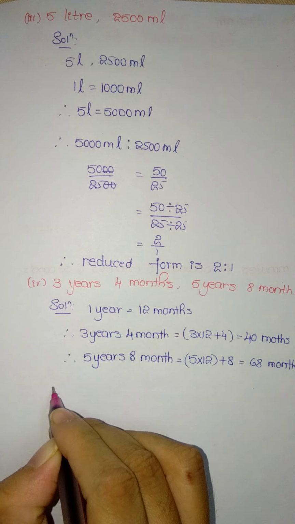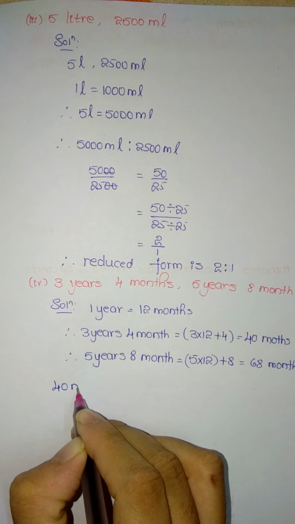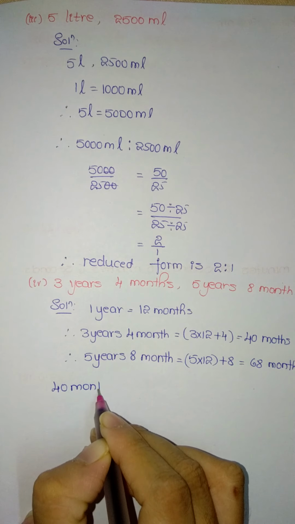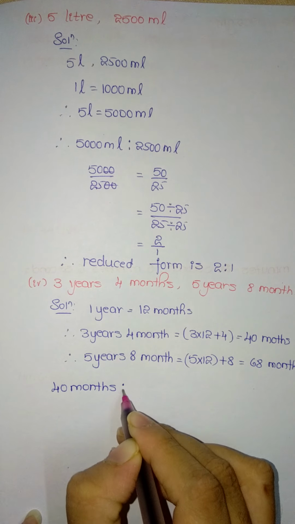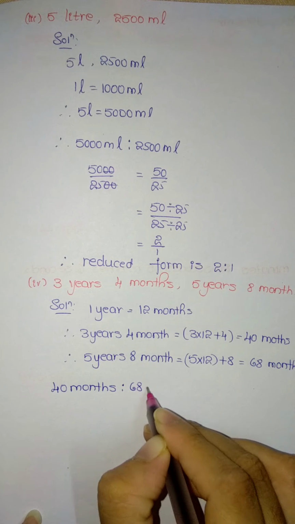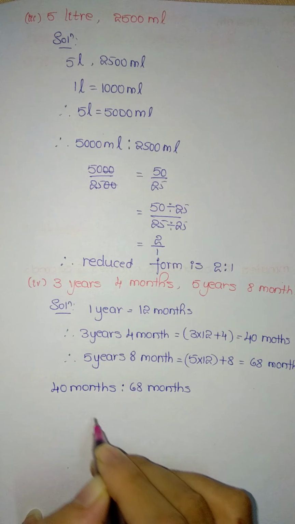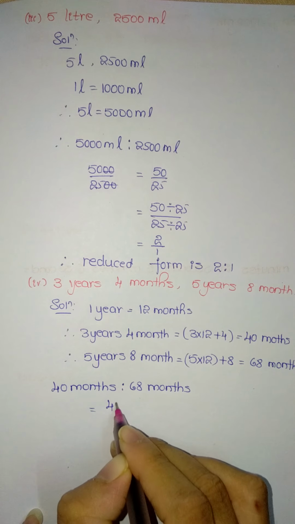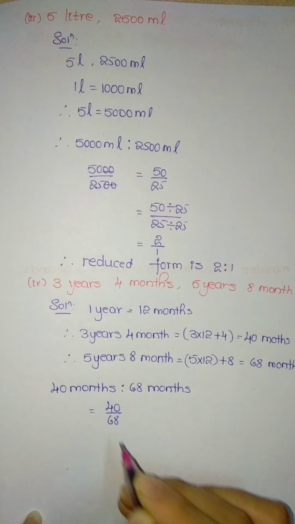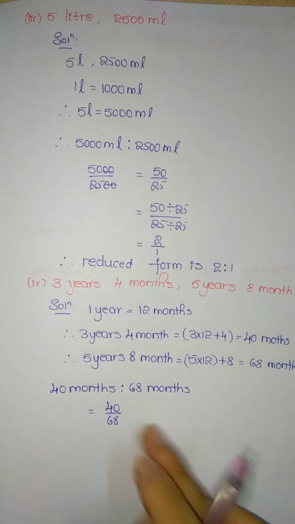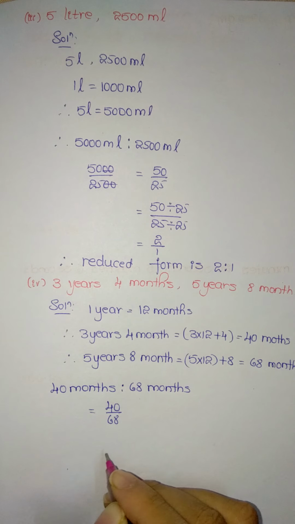So we can write 40 months raised to 68 months. So we can write it as 40 by 68. Both the numbers can be divided by 4.